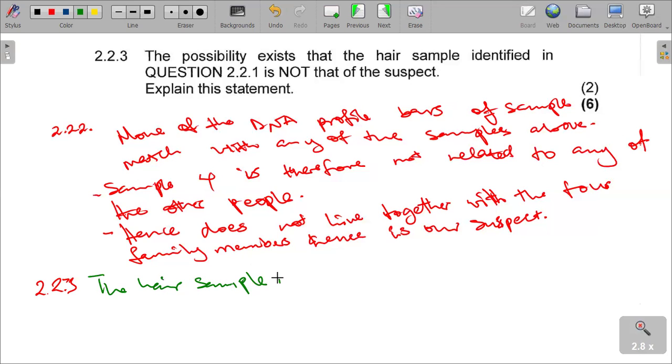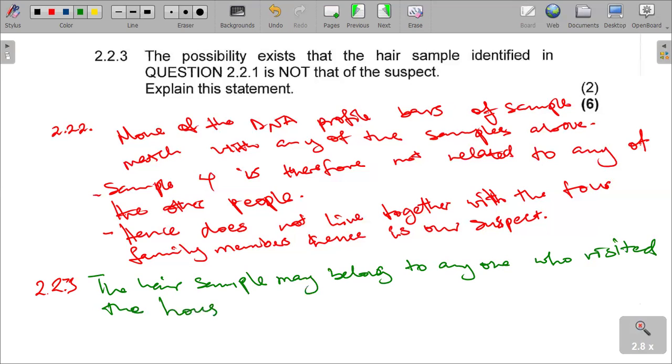So the hair sample may belong to anyone who visited the house before, which can be a friend, a family friend, or any other people.